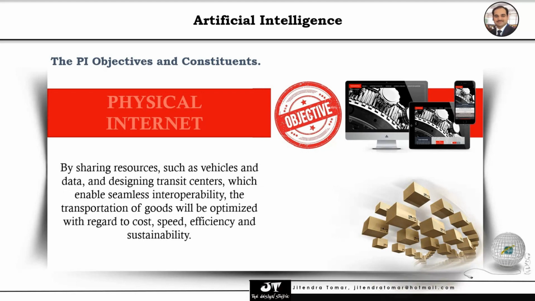By sharing resources such as vehicles and data, and designing transit centers which enable seamless interoperability, the transportation of goods will be optimized with regard to cost, speed, efficiency, and sustainability. To achieve this optimization, the PI sets common and universally agreed upon standards and protocols to facilitate horizontal and vertical cooperation between organizations.